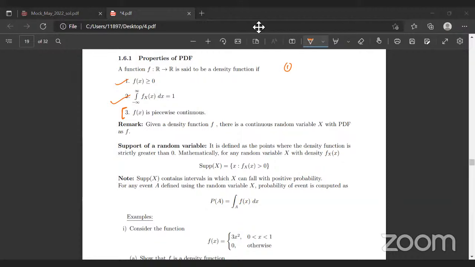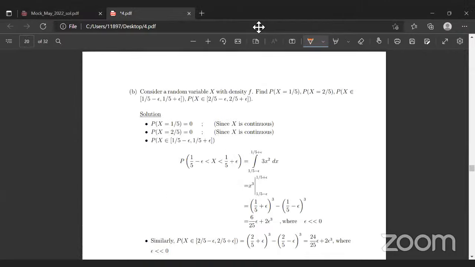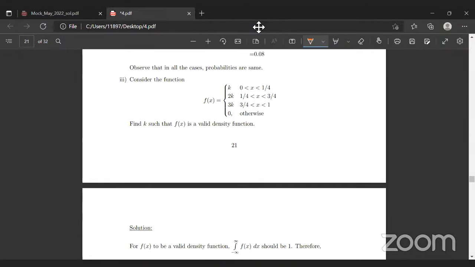Now, if you have some PDF function given to you, let's say in this case, I am saying this fx is a PDF of the random variable x, but in this case our k is unknown.